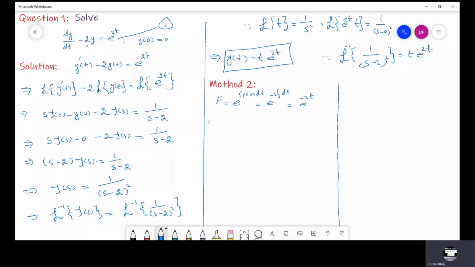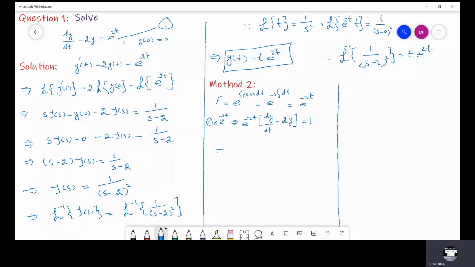So multiplying equation 1 with the integrating factor, we obtain e power minus 2t into dy over dt minus 2y is equal to 1, since e power 2t into e power minus 2t is 1.